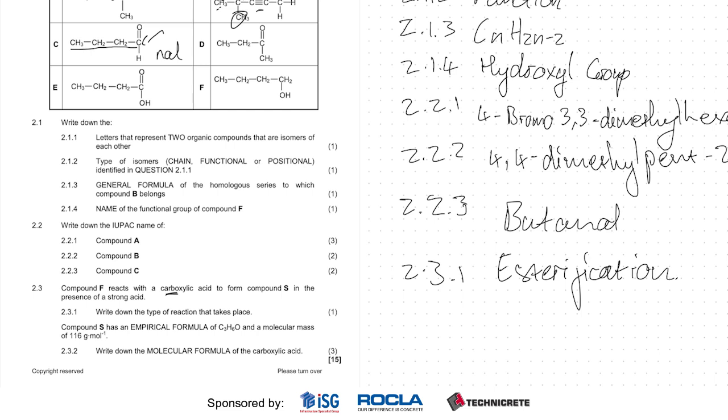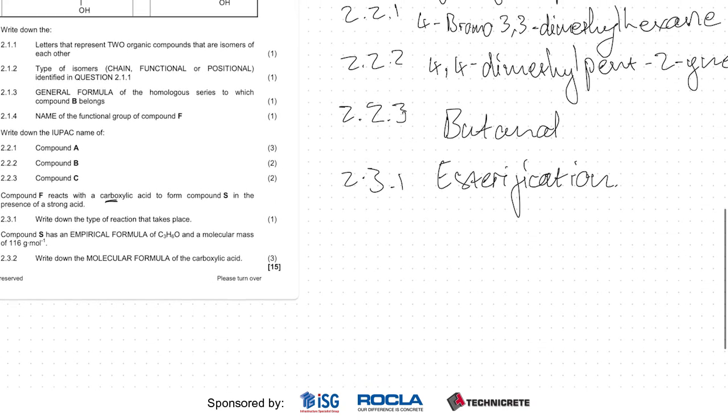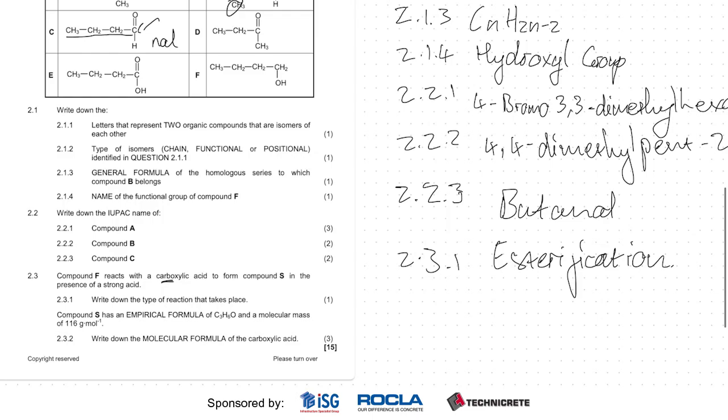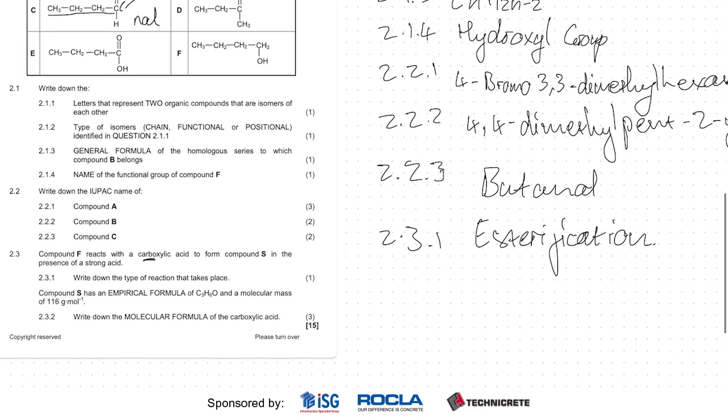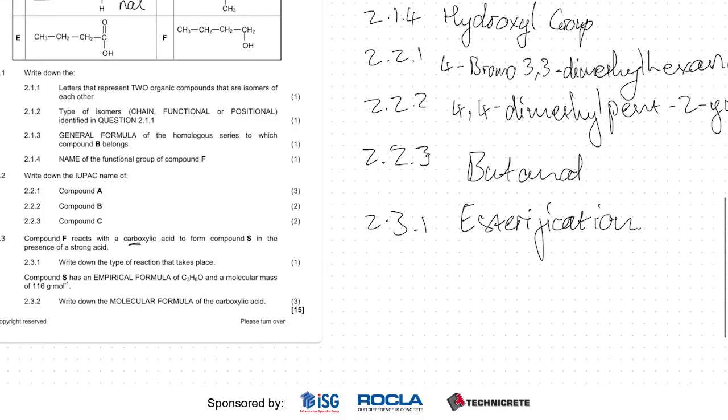Okay, 2.3.2. Write down the molecular formula of the carboxylic acid. Okay. So they give us some information about compound S. So compound F is CH3CH2CH2CH2OH.